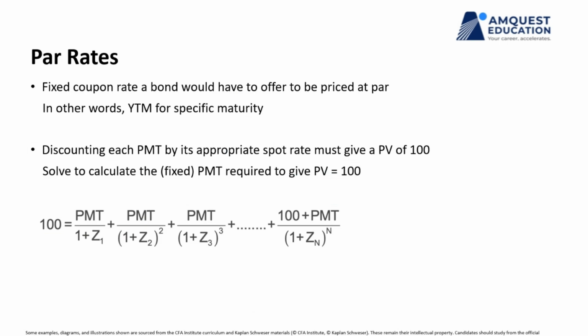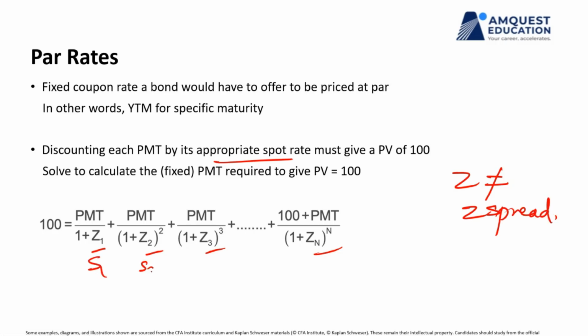Okay, then what are par rates? Fixed coupon rate a bond would have to offer to be priced at par, in other words, YTM for specific maturity, and therefore discounting at this rate will give you the spot rate, right? So if you discount each PMT by its appropriate spot rate, Z1, Z2, Z3, and remember this Z is not Z spread. I think the way they are using the notations is a bit confusing.